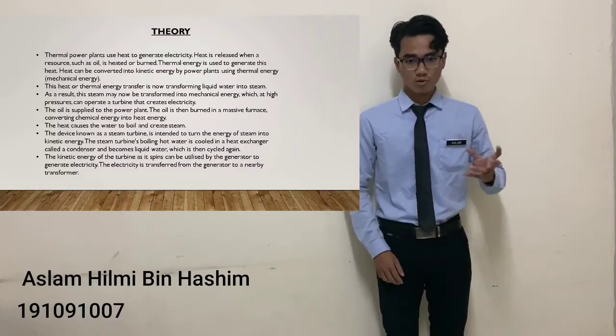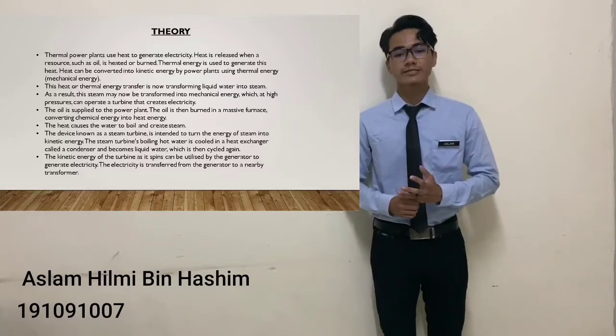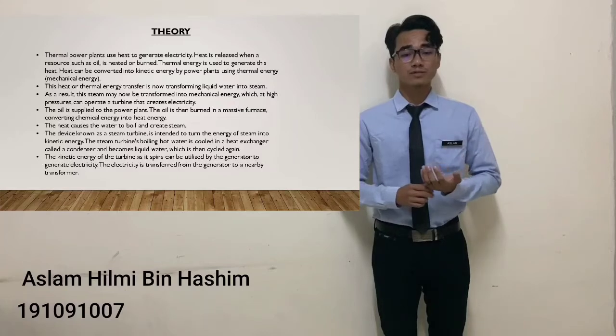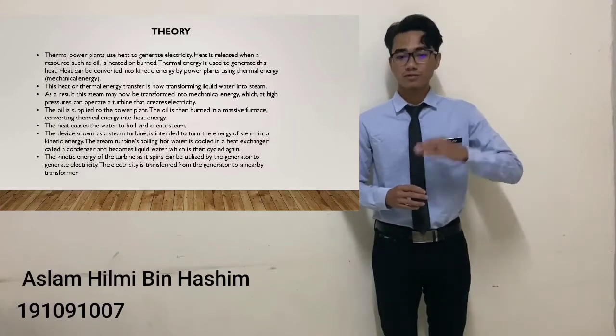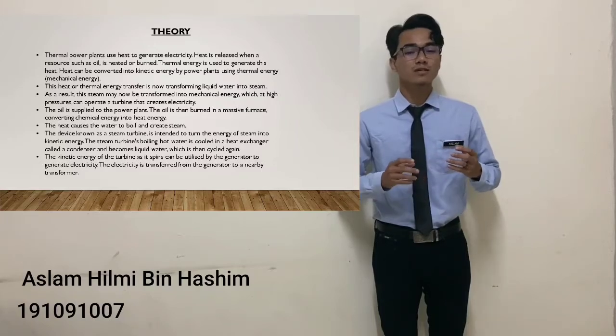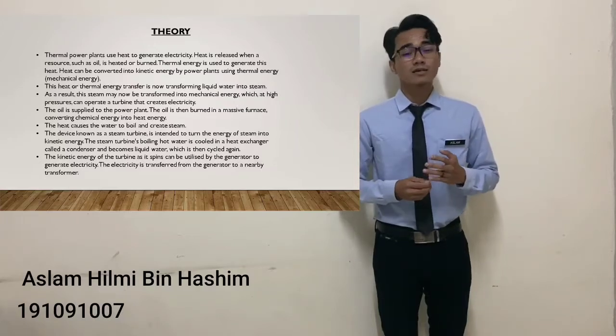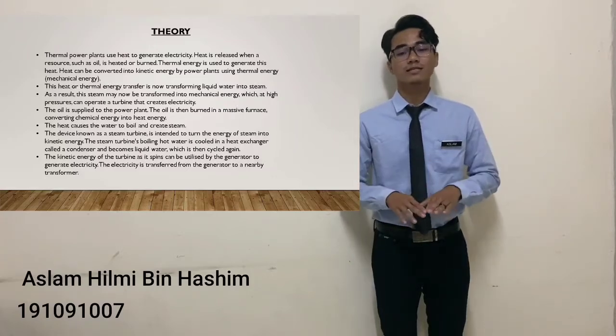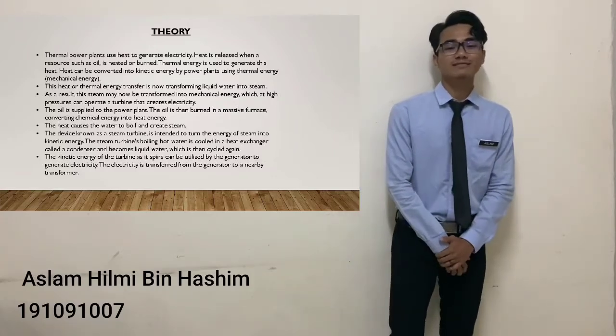Once the power arrives at the destination, another transformer known as a step-down transformer converts it back to the lower voltage that is safe for use in homes. And finally, electricity will be delivered to the household via underground lines. That's all from me. Thank you.